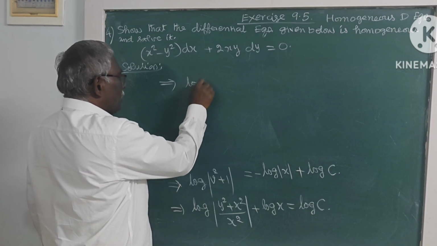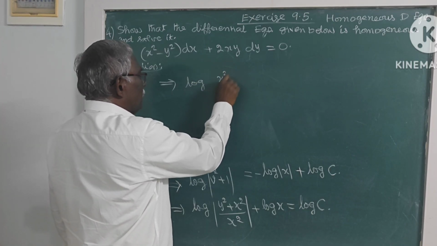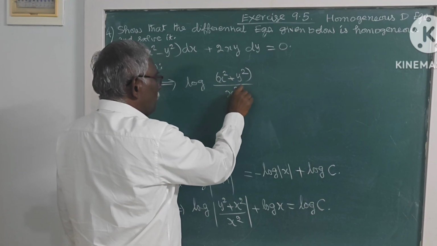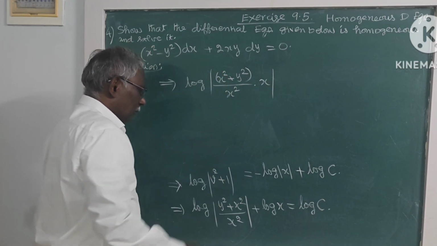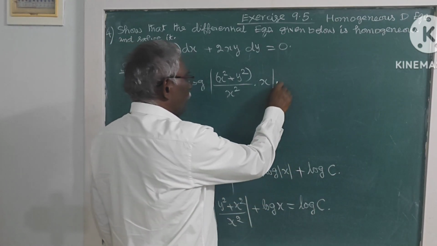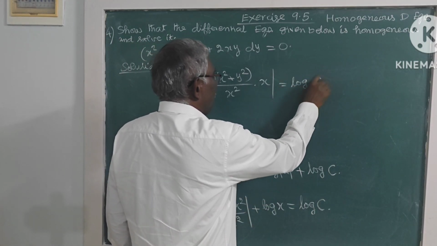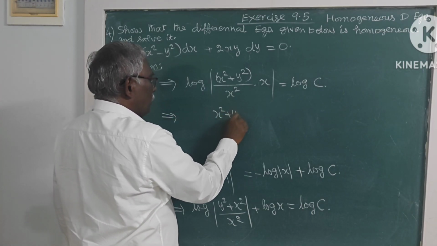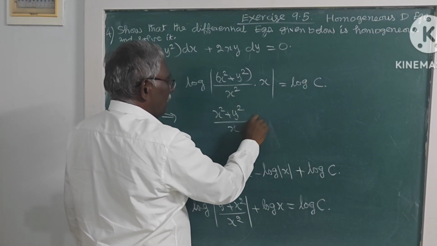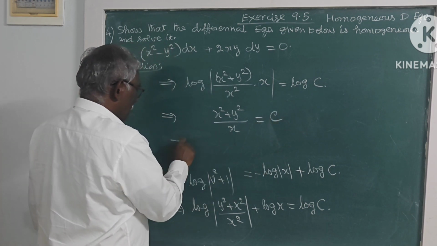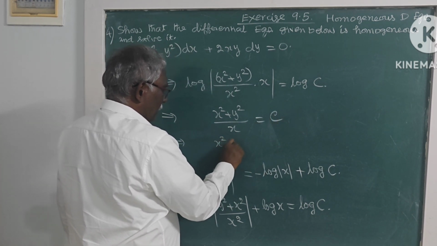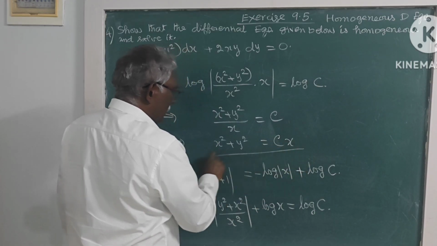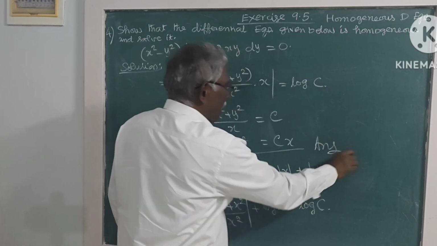So log of x square plus y square by x square into x is equal to log c, or x square plus y square by x is equal to c, or x square plus y square is equal to cx. So this is the answer.